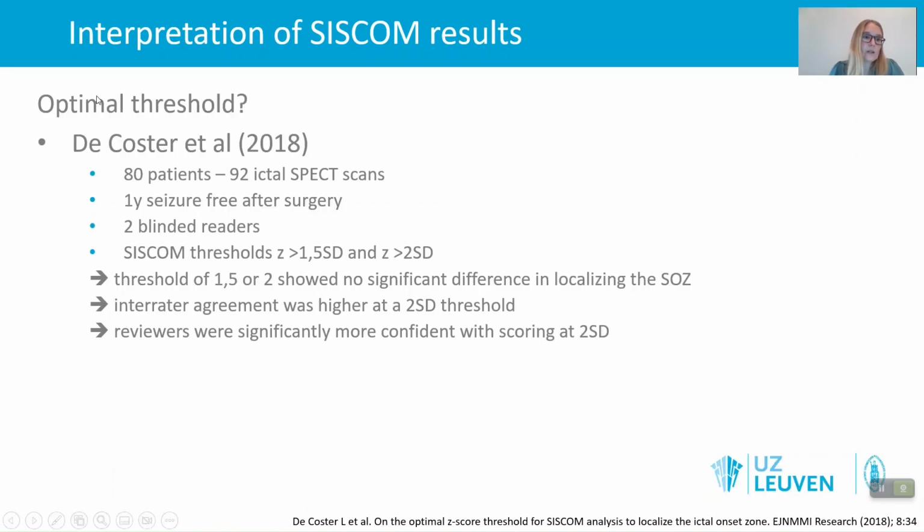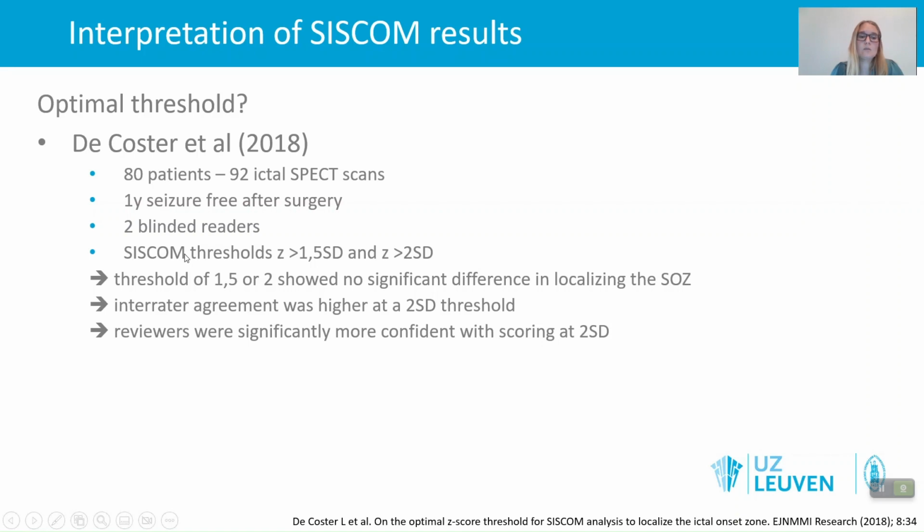Then there is the question, which is the optimal threshold of your SISCOM images? There are papers suggesting that 1.5 standard deviation is more sensitive than 2 standard deviations. In our hands, several years ago, we retrospectively checked 80 patients, which gave 92 ictal SPECT scans, all patients that were seizure-free 1 year after surgery.